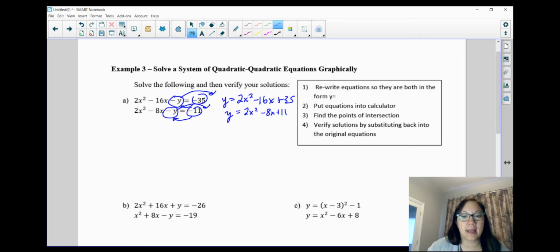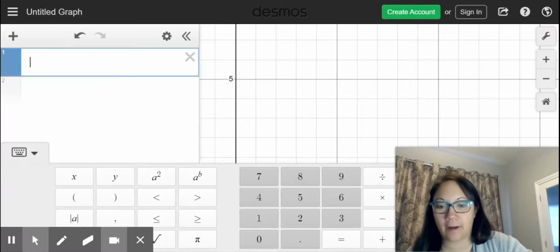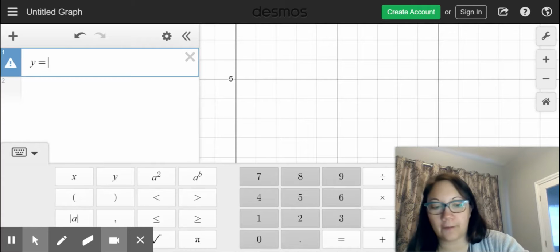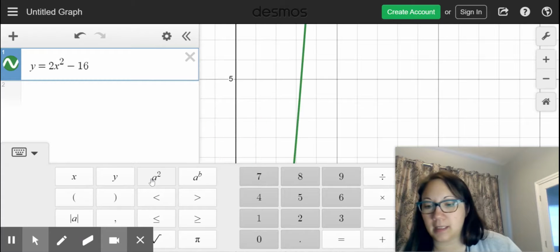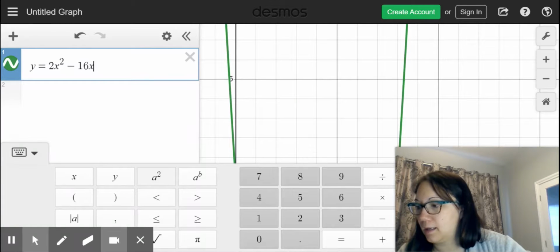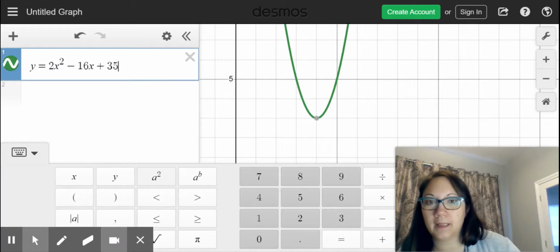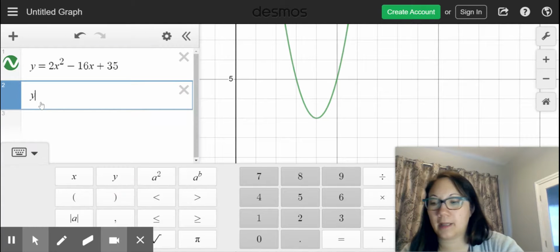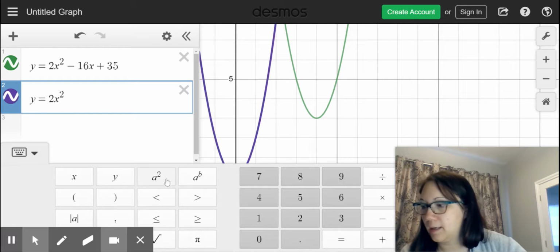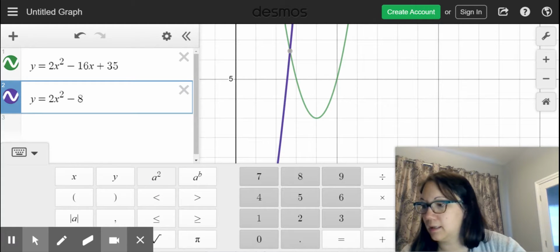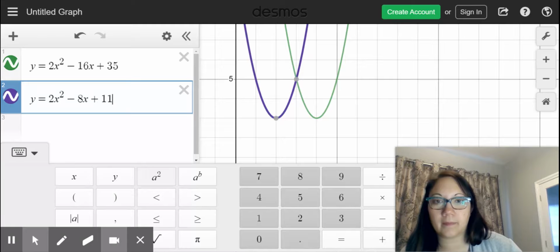So we're going to go ahead and put those into Desmos. Okay, so this time we're graphing two quadratics. So our first one, 2x squared minus 16x plus 35. So there's that parabola. And our second one is y equals 2x squared minus 8x plus 11.